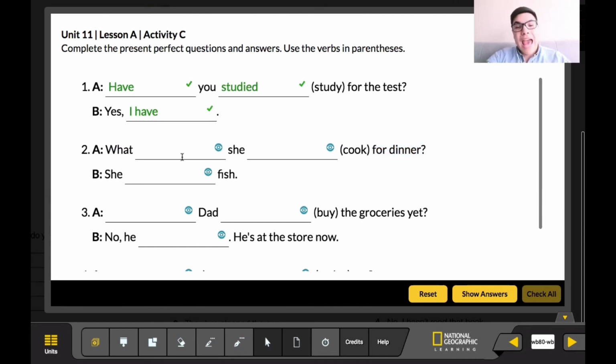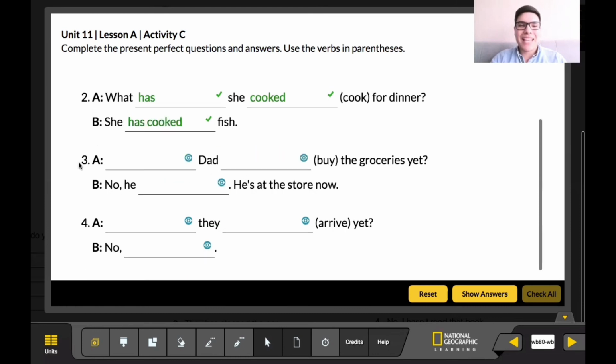So what has she cooked? Cooked is a regular verb. What has she cooked? Excellent, very good. What did she cook? Oh, fish. So she has cooked fish.